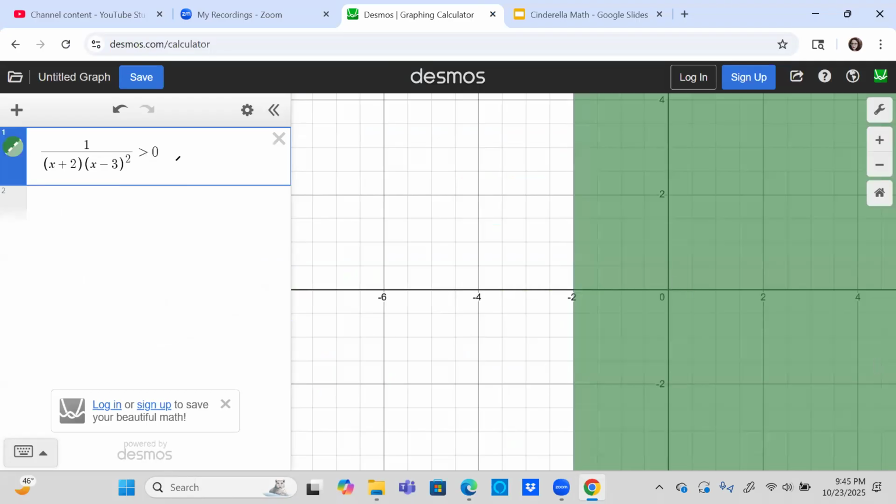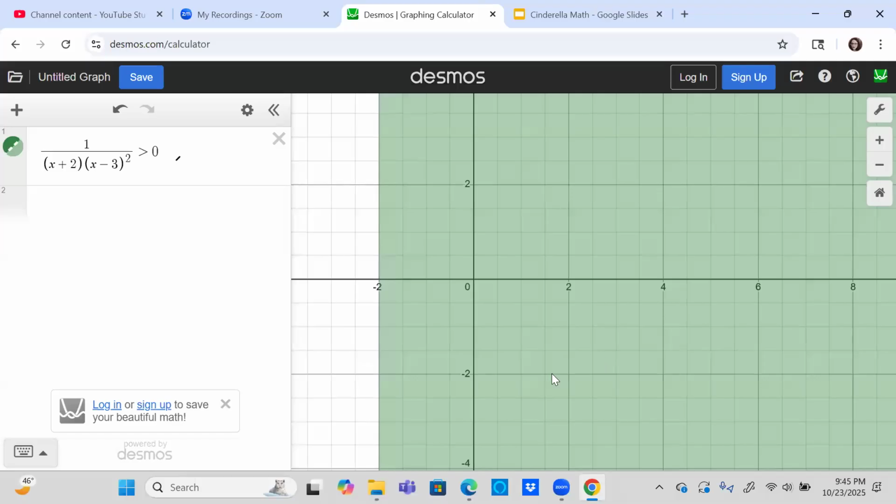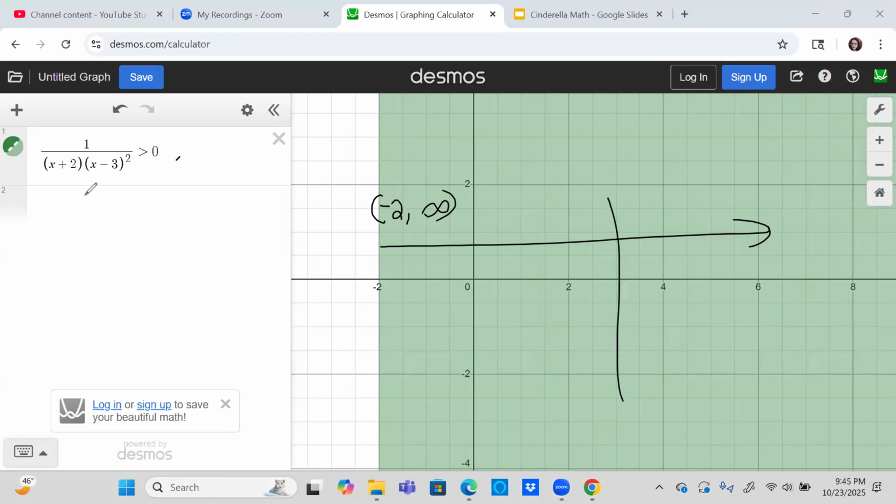Okay. See, it doesn't stop at 3 though. But it has to. It doesn't show the break at 3. So this just shows solved from -2, because see how there's not a sharp line, to forever. But really, we have to break it at 3 because if you plugged 3 in, the bottom would be 0, right?